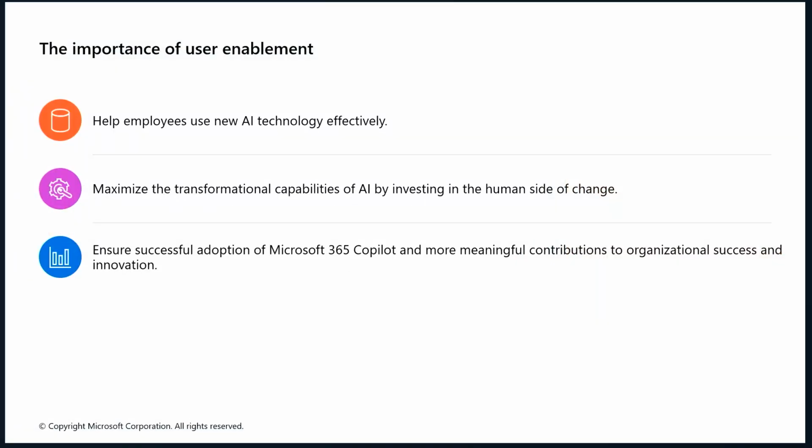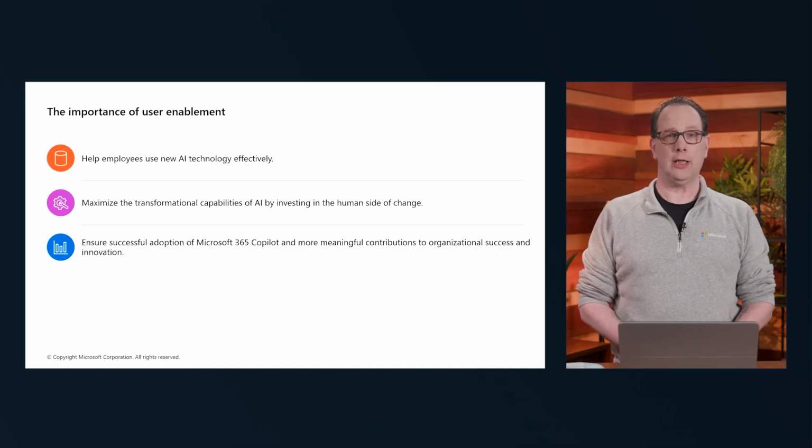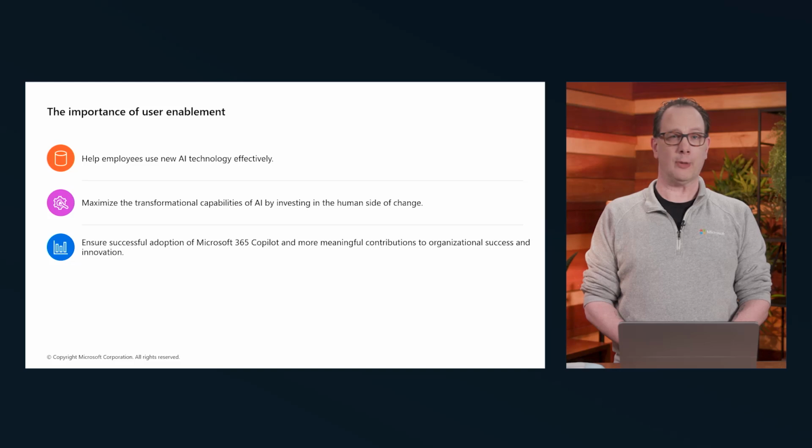User enablement, often referred to as adoption, is the strategic process of empowering users to effectively use technology by providing them with the necessary training, resources, and support. Now more than ever, user enablement is a critical aspect of ensuring the successful adoption of Microsoft 365 Copilot.